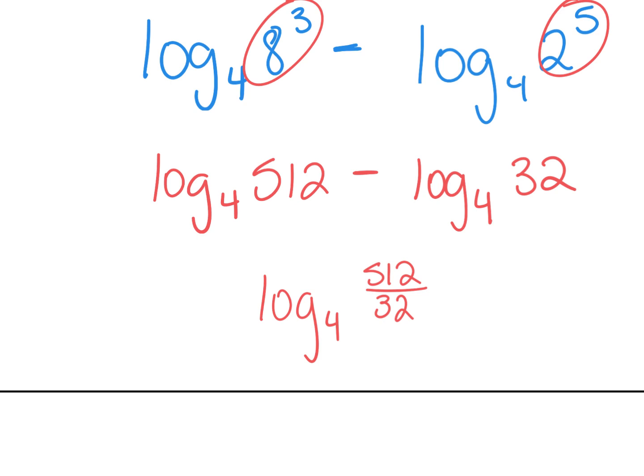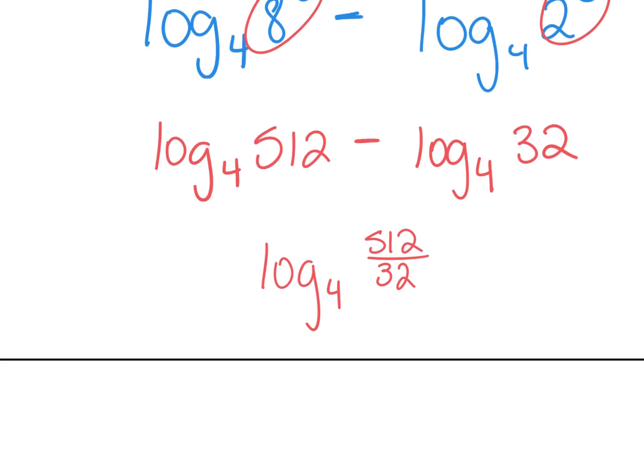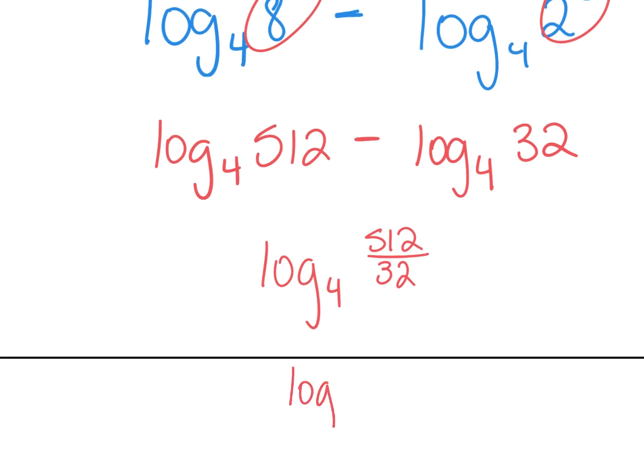Can I figure out what that is? What is 512 divided by 32? 16. So would you agree that my answer is just log base 4 of 16? I'll stop there. Perfect. My answer has one log, which is what I wanted, so I'm good to go ahead and move on.